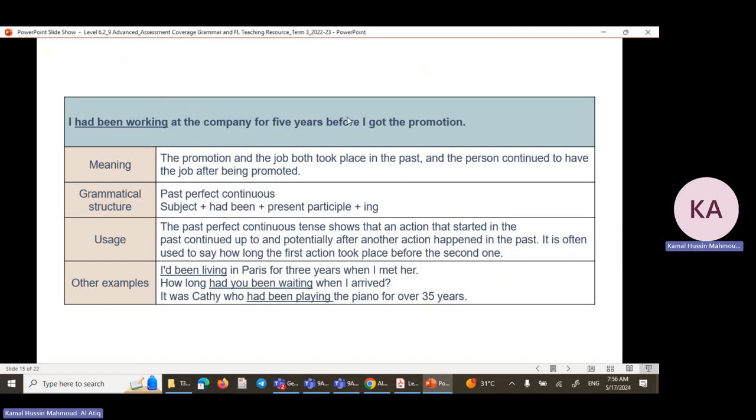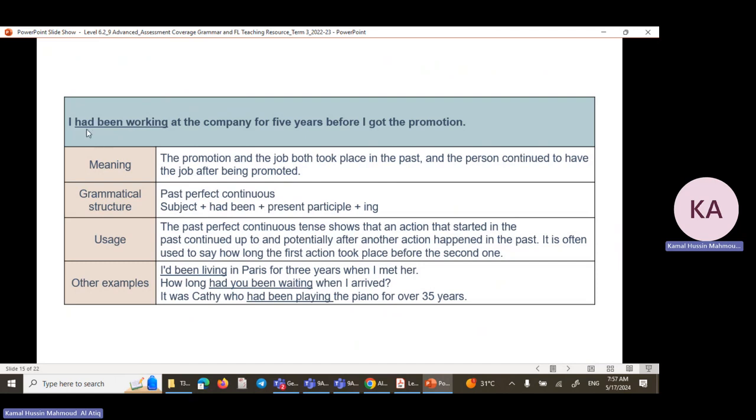The function of when is the same as before. How long had you been waiting when I arrived? It was Kathy who had been playing the piano for over 30 years. Anyway, if you have for and when, for and before, then add had been plus verb-ing.